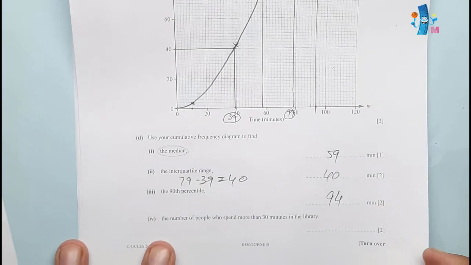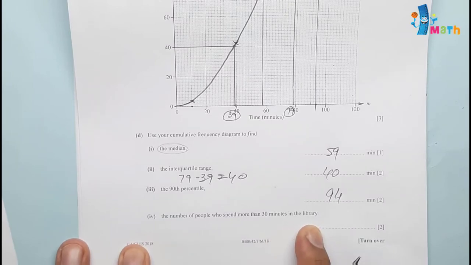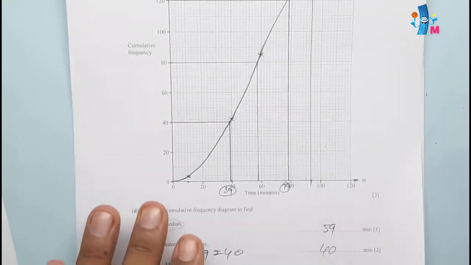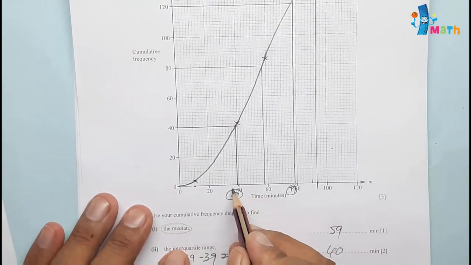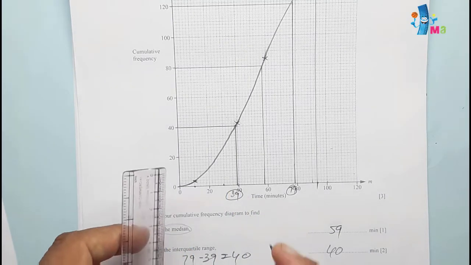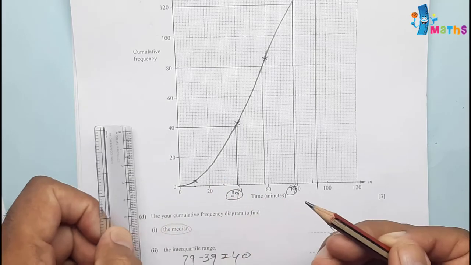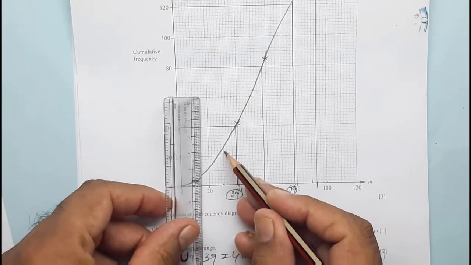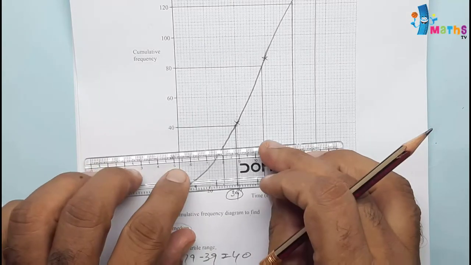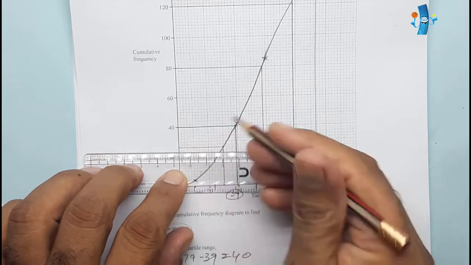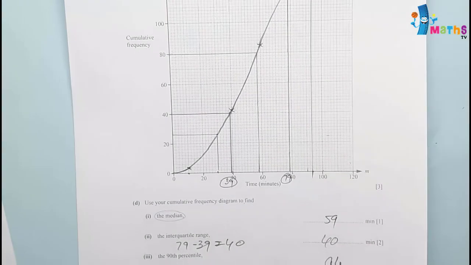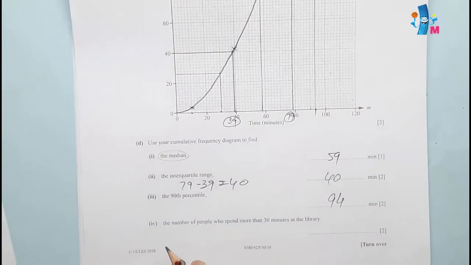The number of people who spend more than 30 minutes in the library: the total is 160, and 30 minutes is this one, so we will check. More than 30 minutes will be around this many people, like 26 or 27.